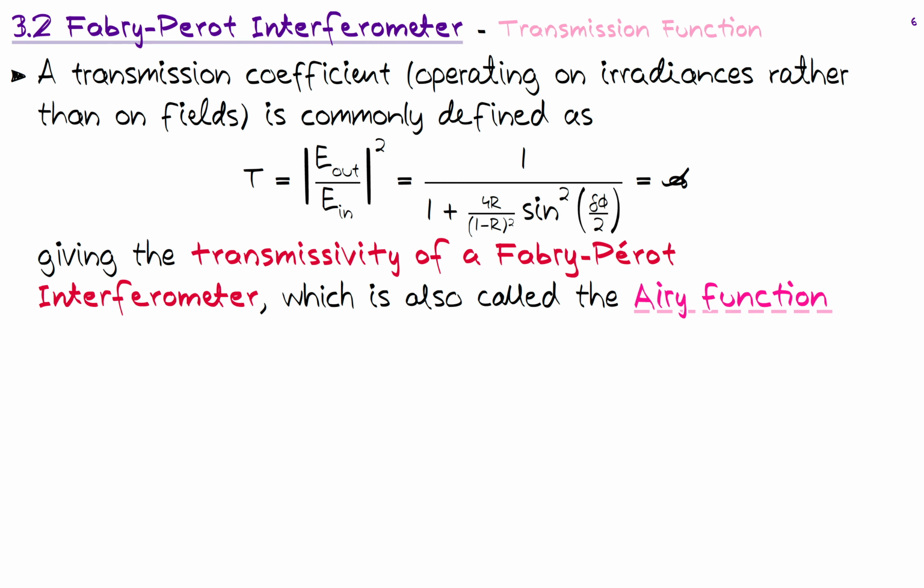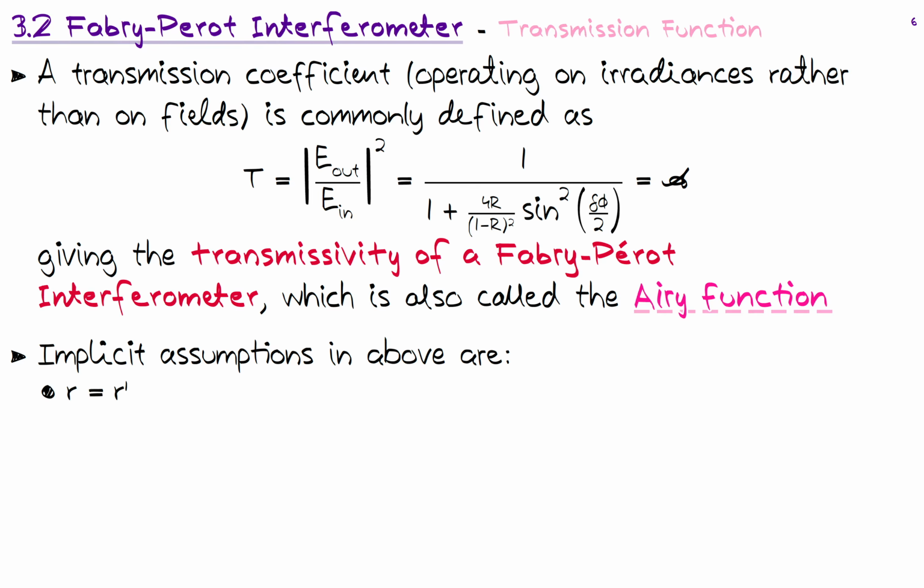And let's now remind ourselves what assumptions we have made to get this far. So we assume that the reflectivities or reflection coefficients, small r and r prime, are equal, and that gives us a tool to calculate the reflection coefficient. So capital R is essentially r modulus squared or r prime modulus squared.